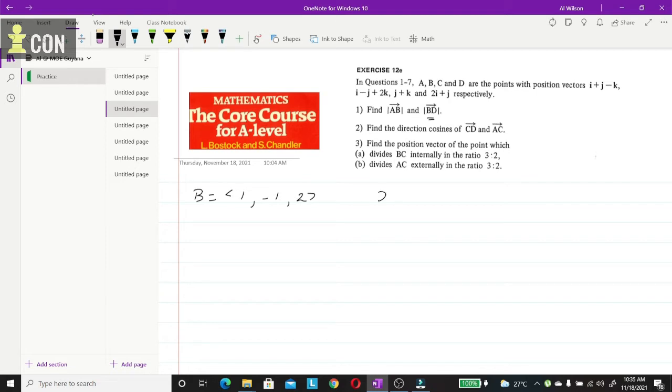And for D, we have 2i, so that's 2, j, which is 1, and we don't have any k, so I'm going to put 0 there. So just a reminder, i is x-axis, j, y-axis, k, z-axis.